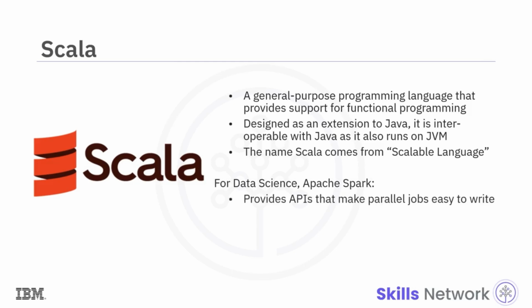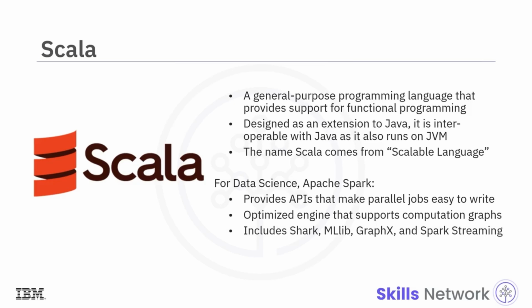Spark is a fast and general-purpose cluster computing system that provides APIs which make parallel jobs easy to write. It has an optimized engine that supports general computational graphs. Spark includes Shark, which is a query engine, MLlib for machine learning, GraphX for graph processing, and Spark Streaming.